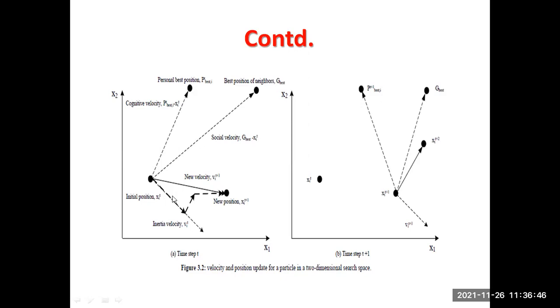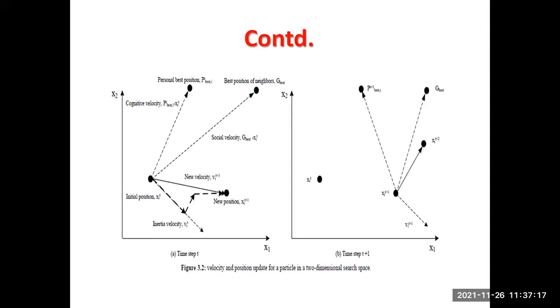So how will the particle move? It is from xi t to xi t plus 1, and this is the path it takes. Now the new velocity, we know, is the new position plus this particular velocity. So this is the new velocity, Vij t plus 1.